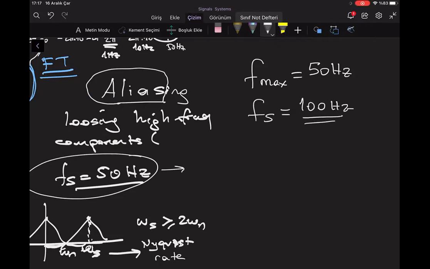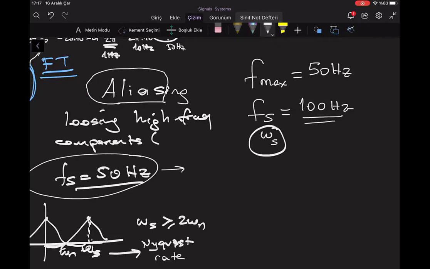This is omega s, right? Or the Nyquist rate. So I have to sample my signal by being aware of the maximum frequency of my original signal to be sampled. Do we understand, friends?